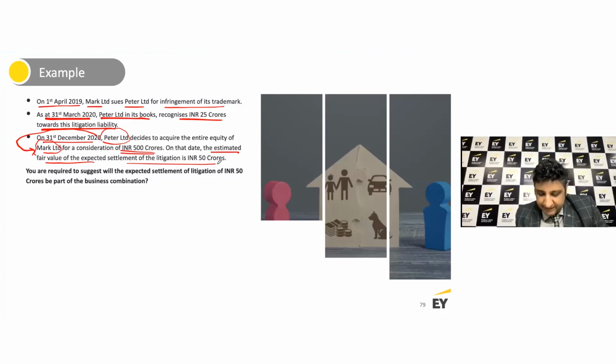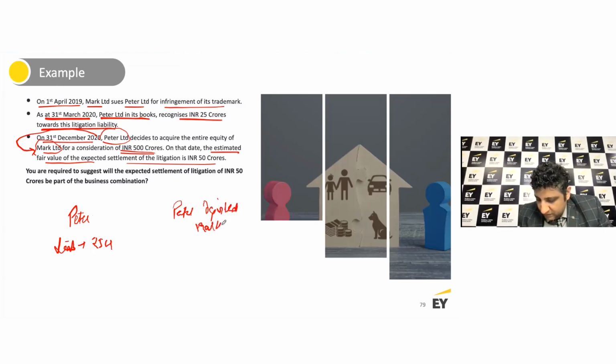So effectively, when you look at this entire relationship, Peter is showing a liability of 25 crores, and Peter is also saying that it has acquired Mark, and the fair value of the liability is coming at 50 crore rupees.